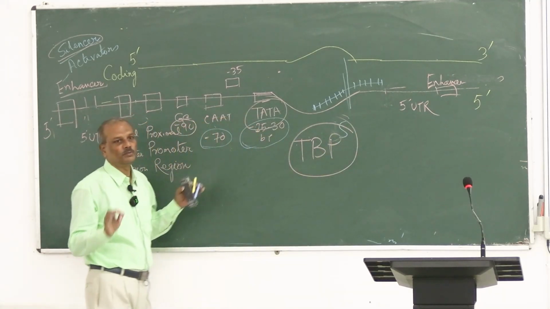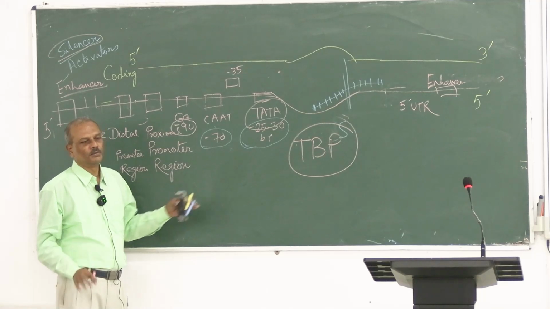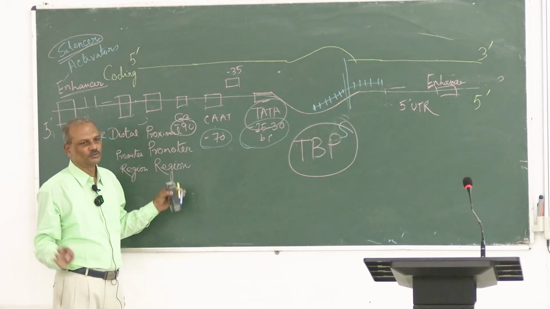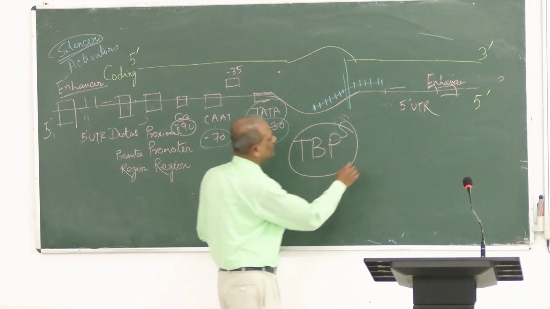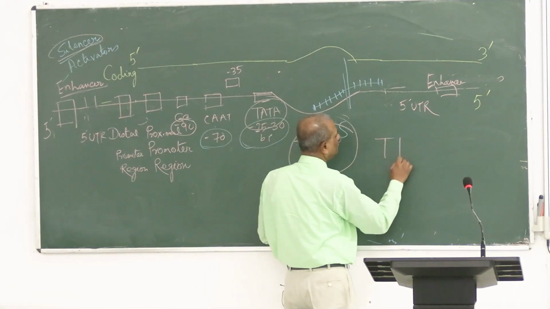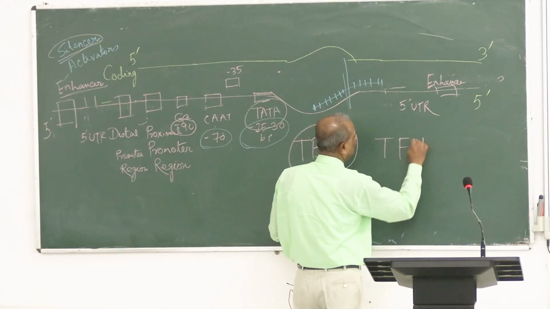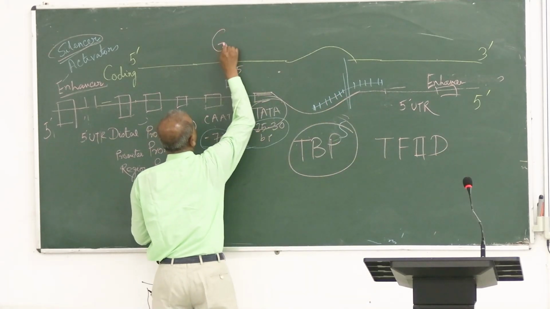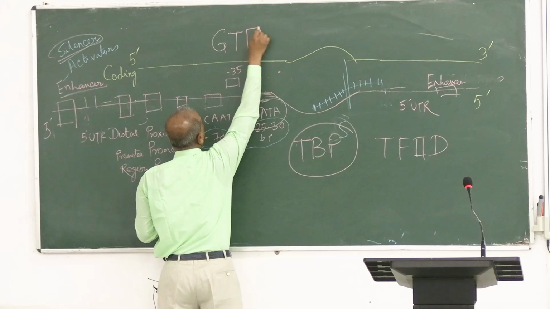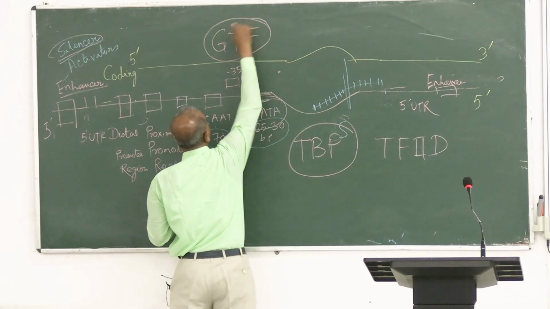TBP is a universal transcription factor, because the TATA box will be there, so the TATA binding protein will be there, and it is associated with GTF2D. See, there are general transcription factors, commonly abbreviated as GTF.